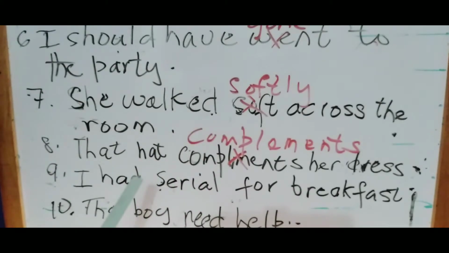Now, the word compliments is like you're praising somebody, right? You're saying nice things about somebody, you compliment them. Compliments. That's when you're saying something nice about somebody. But the word complement, this one in red here, the correct one, is when you use something to enhance something else.